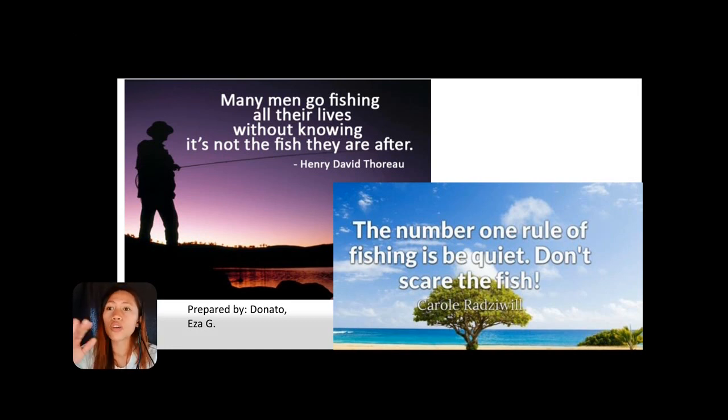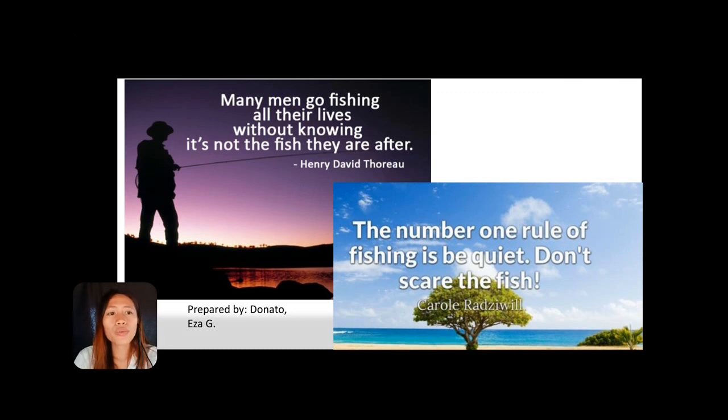Murag ni cross a line wherein dili na ang pagpangisda kundi ang pag-extinct sa isda og to make them in danger. So not just the life of the fish, but the life of us humans, livelihoods, survival ang mapektuhan.